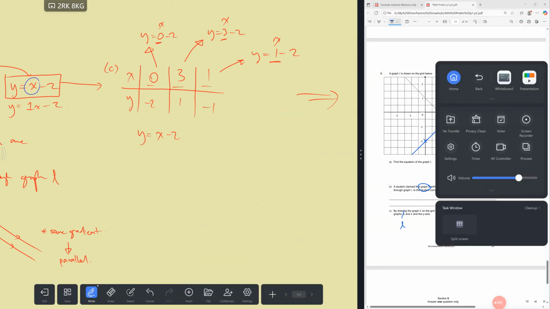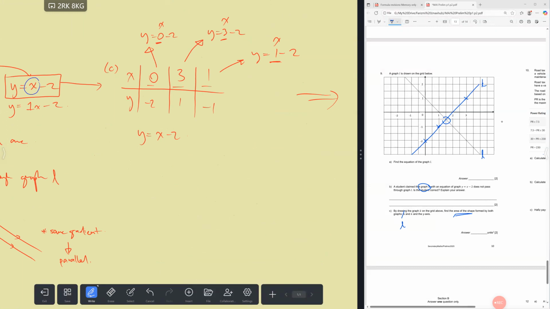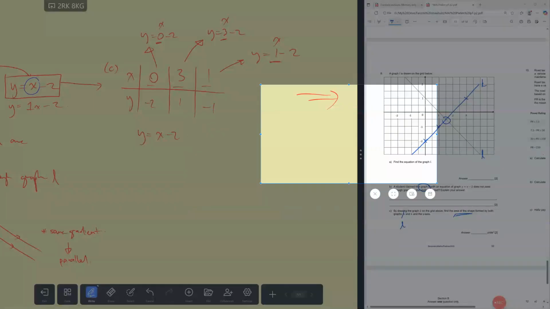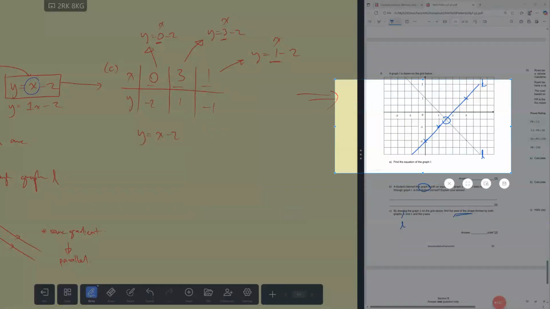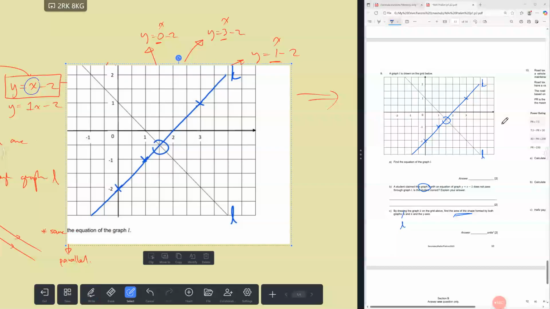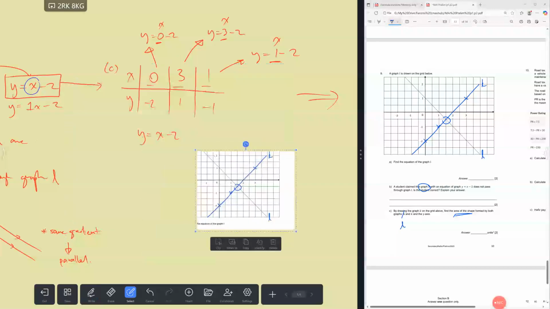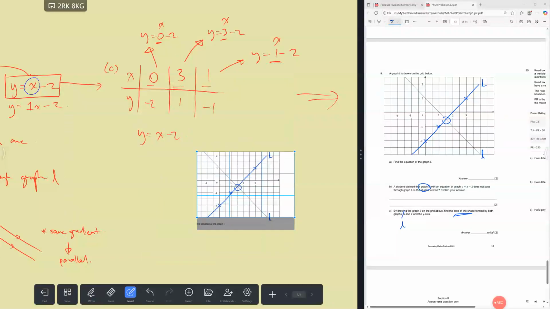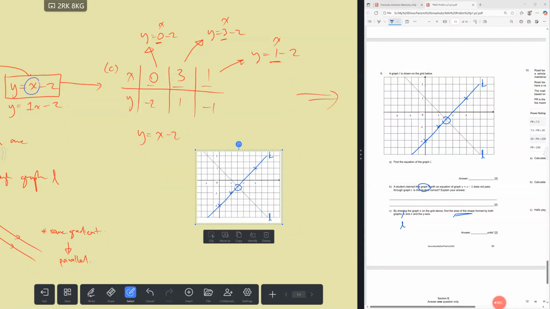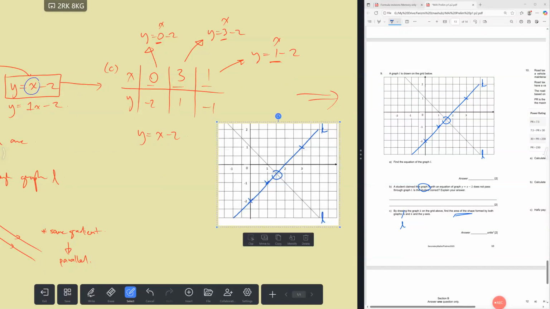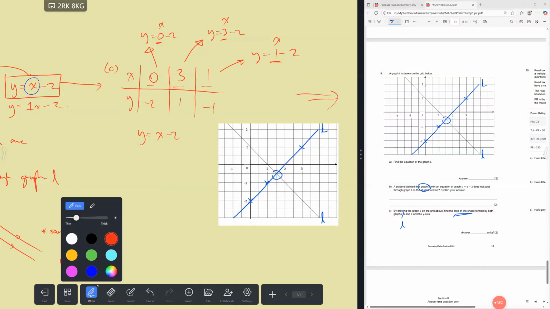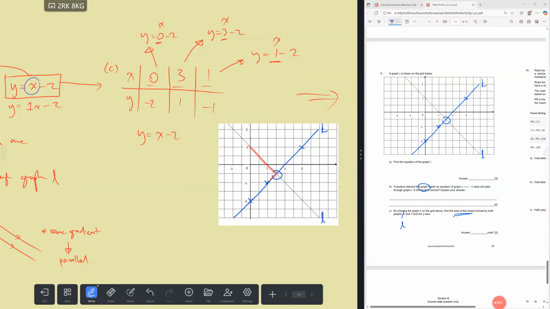So I'm going to now take a screenshot quickly. It's just much more convenient to write on the whiteboard. So what area are they interested in? Basically, they're interested in option C, this particular area, over here, here, and here.